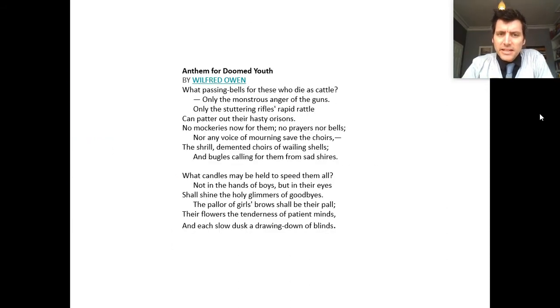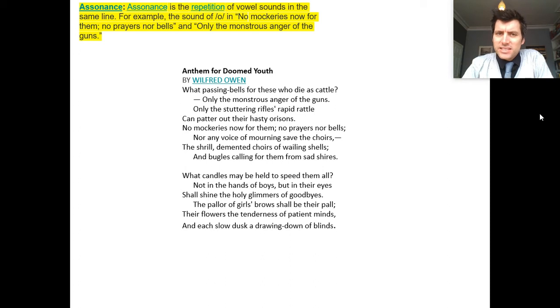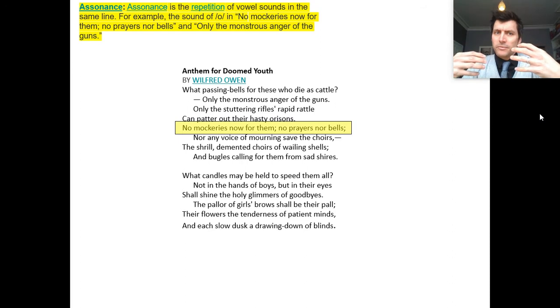Looking at the poem again, we've got some assonance here. If we look here, we can see no mockeries now for them, no prayers nor bells. This is the idea of the "o" sound within no mockery now for them, no prayers nor bells. The "o" is repeated quite a few times within the line, the assonance, the vowel sound.